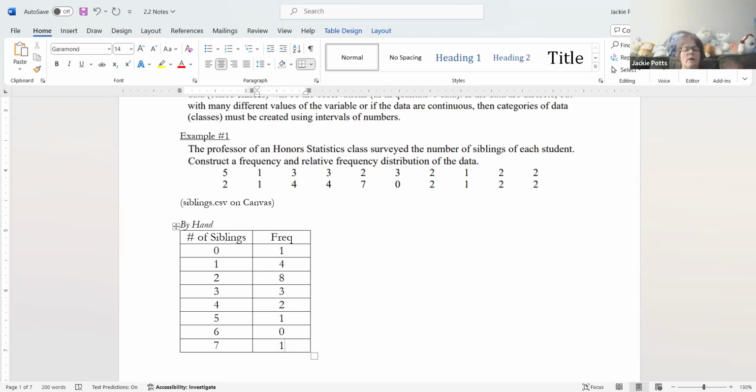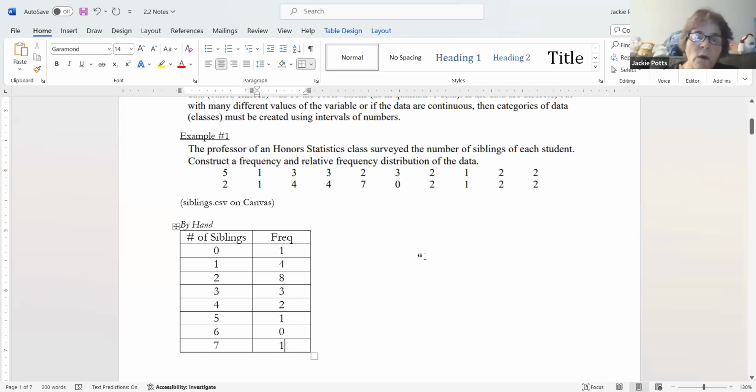I already had tallied, but all I did was I went through and I counted. And then double check. I'm going to add the frequencies up, and I'm also going to count. That's 2, 4, 6, 8, 10, 12, 14, 16, 18, 20. This should total to 20. So 1 plus 4 is 5, plus 8 is 13, 16, 18, 19, 20. So I have no mistakes.